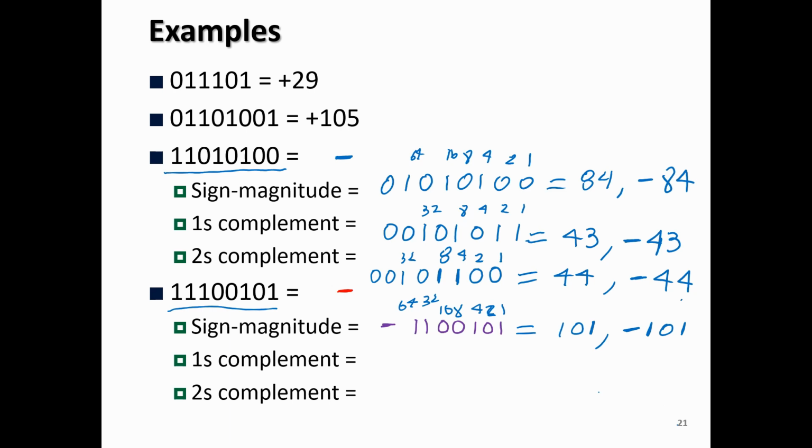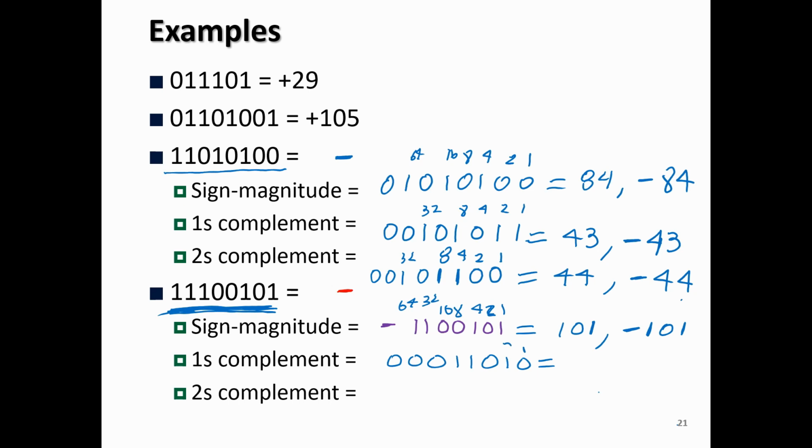What about using ones complement? Remember we have to invert all of the bits starting with the original one. Okay, so we're gonna have 0, 0, 0, 0, 0, 0, 1, 1, 0, 1, 1, 0, 1, 0. Okay, and what is that in decimal?